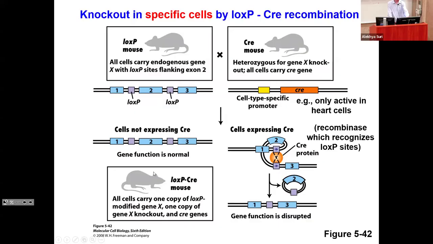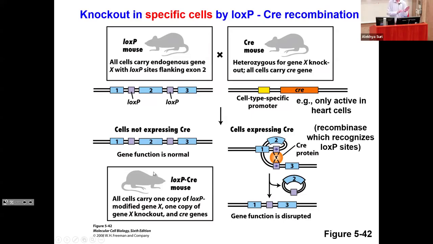Okay, so you would create a mouse where the gene of interest would have flanking LoxP sites flanking exon 2. So in different tissues, you have the same genome, and in all these different tissues exon 2 of your favorite gene will be flanked with the LoxP sites.